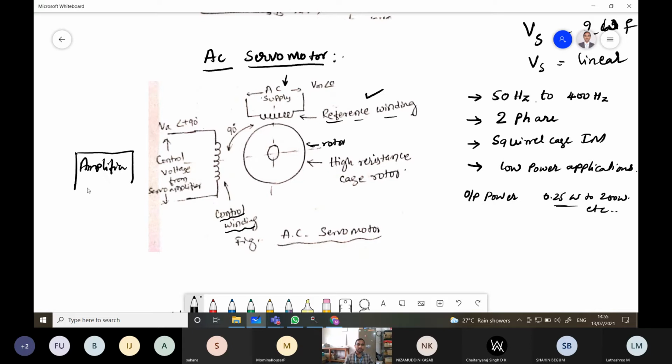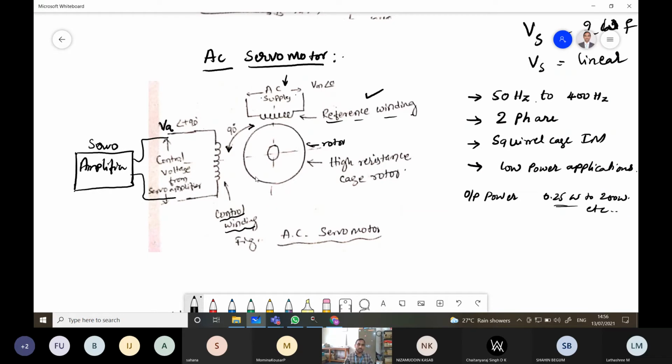From that amplifier, also called servo amplifier, we give the supply to the control winding at an angle of 90 degrees, so Va at an angle plus 90 degrees. Therefore the angle between the main winding and control winding is 90 degrees from the reference. We take the main winding as the reference winding, and the control winding is placed 90 degrees away from the main winding.